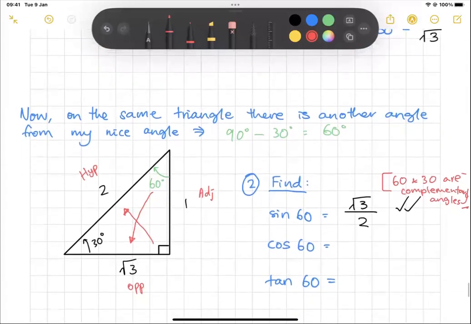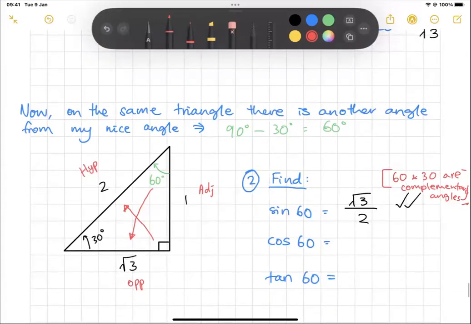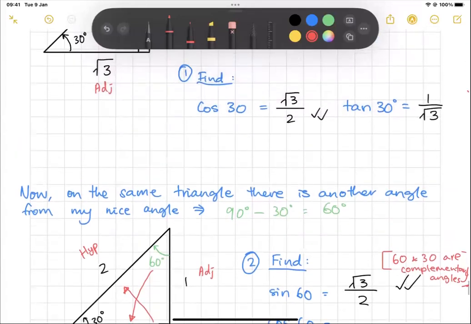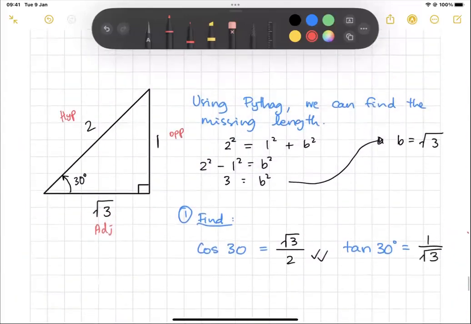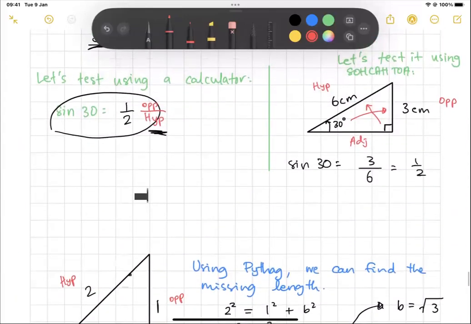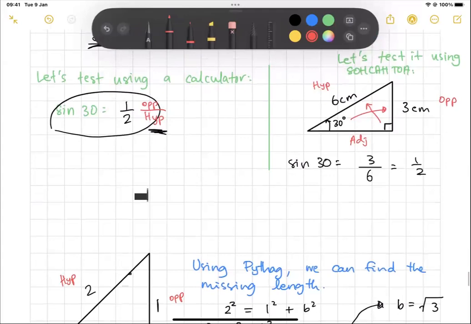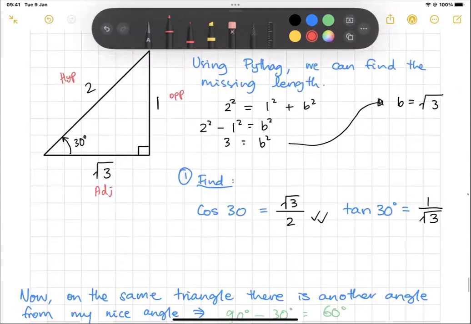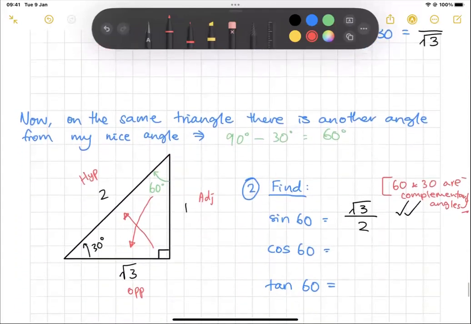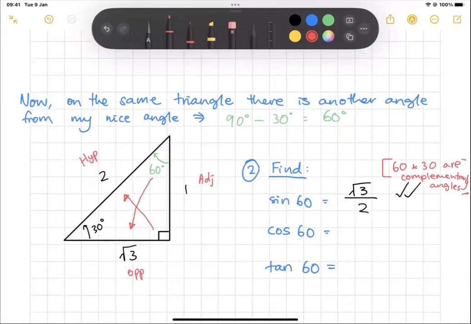So if I were to find cos 60, rather than using this triangle, can I possibly use what I found here for sine 30? Let's double check. For sine 30, I got a half. For cos 60 on this triangle, to no surprise, my adjacent is 1 over 2. Again, because they're complementary angles, they add up to 90.